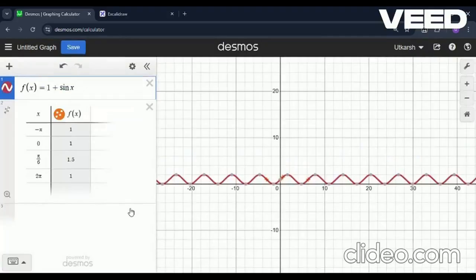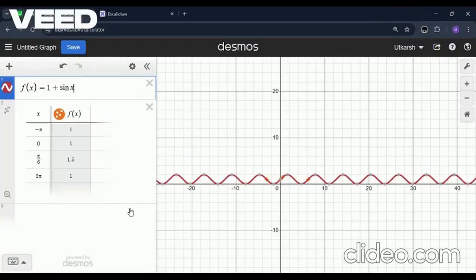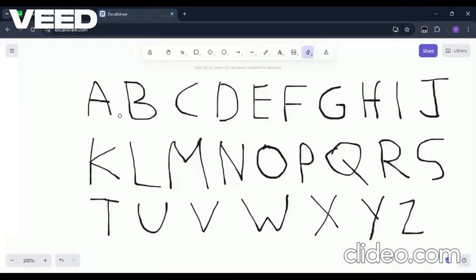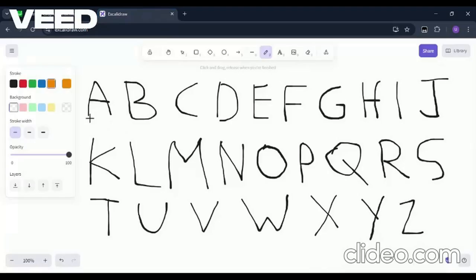Now most of the features which Desmos provides us and which we will be using, I've covered in this video. Now I will be giving you guys some alphabets to plot on the graph using equations. So starting off with A. Now A is basically just two lines and one horizontal line.